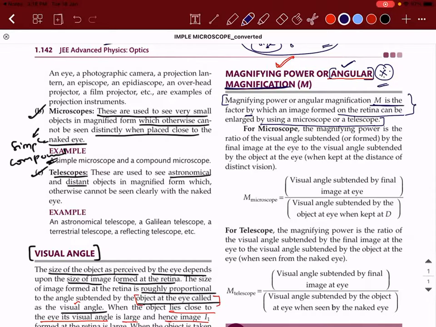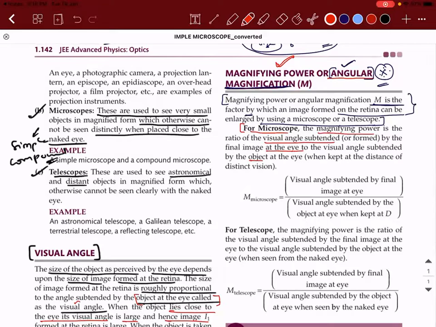Having this in mind, if you take a microscope, please write it down. The definition of magnifying power is something like this. It is the ratio of the visual angle subtended by the final image at the eye to the visual angle subtended by the object at the eye. Write it down.